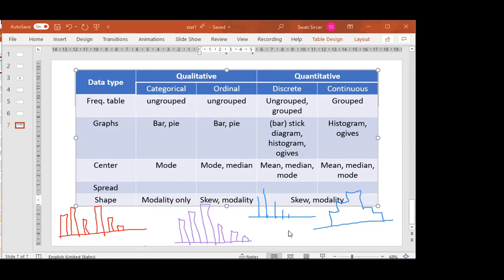Inappropriate is too broad, though. It is inappropriate because it doesn't give you a sense of a distribution as such. In these graphs the data value axis is straight, whereas in a pie it is wrapped around. You can make a pie for discrete quantitative and continuous quantitative data as well. Nobody can prevent you if you want to make one.